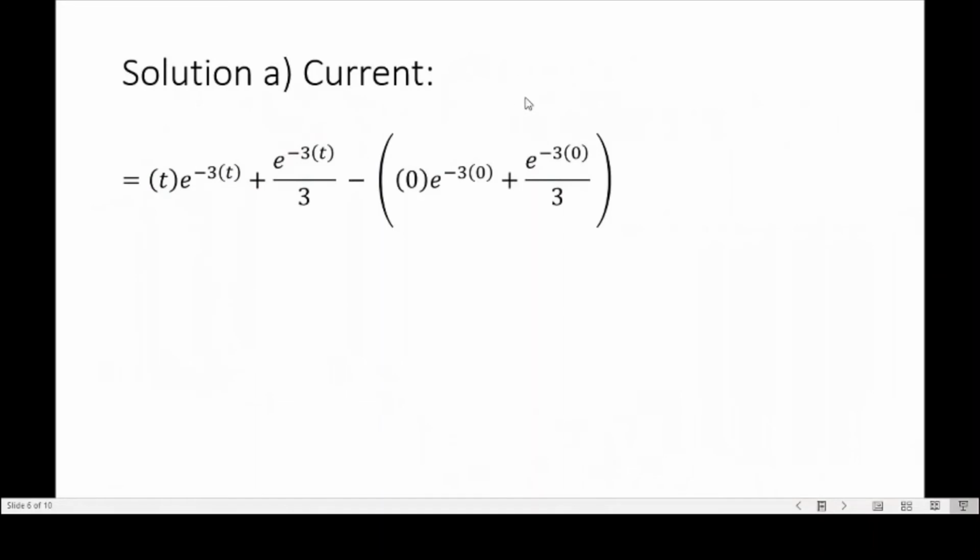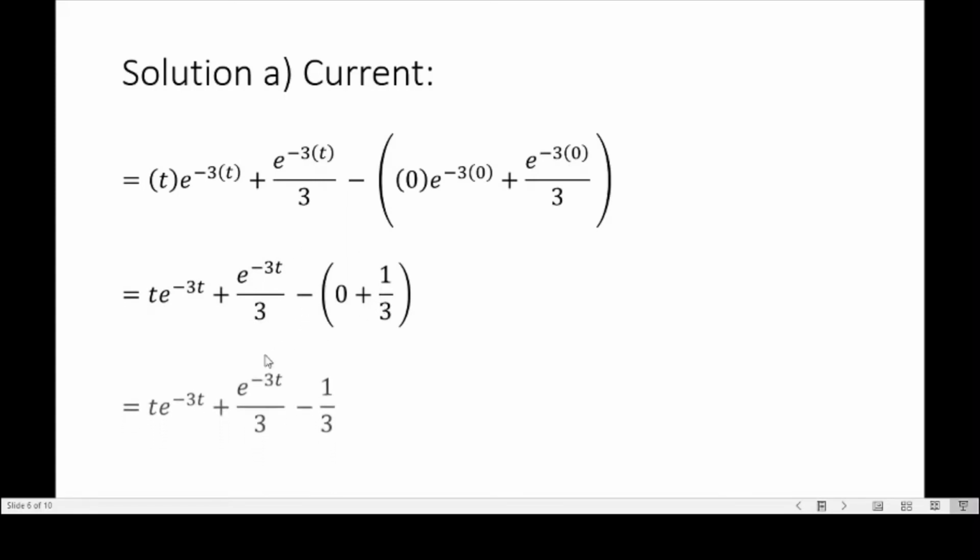We end up with the final result: t e to the negative 3t minus e to the negative 3t divided by 3, minus, and then we put in zeros for the x's, 0 times e to the negative 3 times 0, and 0 times any number is 0, plus e to the negative 3 times 0, this is 1 over 3. You can see here. Simplifying further, we distribute the negative sign, and we end up with the final formula like this.